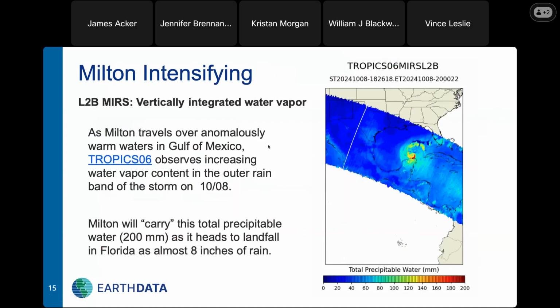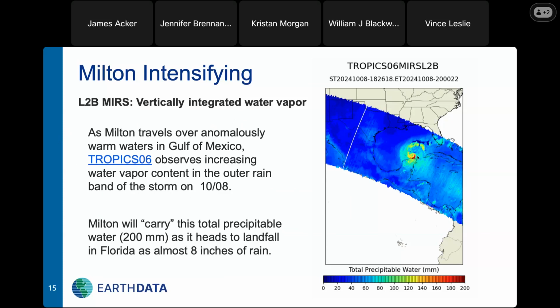Moving on to the level 2B product, the MERS product, we're looking at vertically integrated water vapor as a signal of Milton's intensification. As Milton is traveling over these anomalously warm waters in the Gulf that Jim did a really great job demonstrating, the TROPICS 6 CubeSat observed increasing water vapor content in the outer rain band.